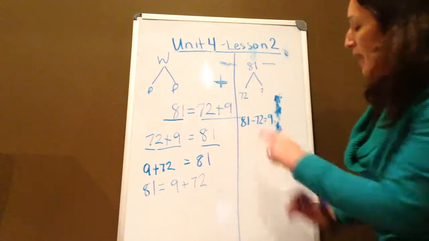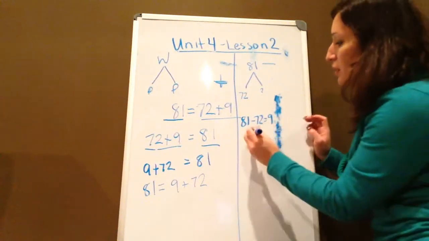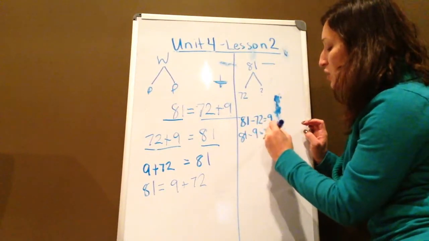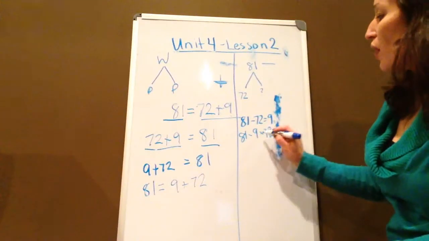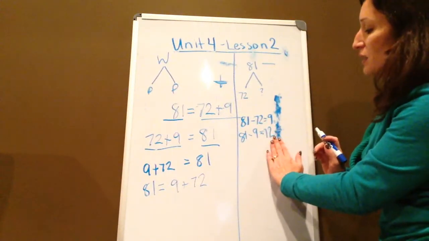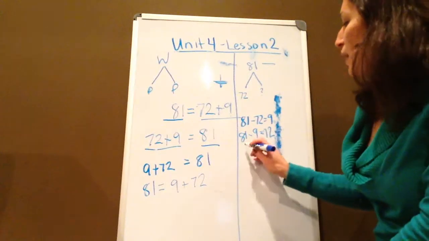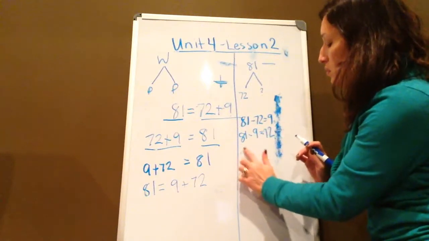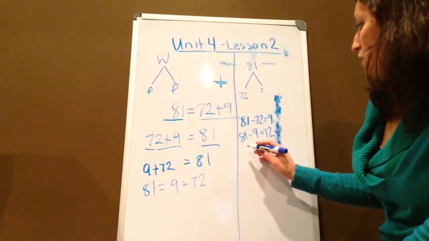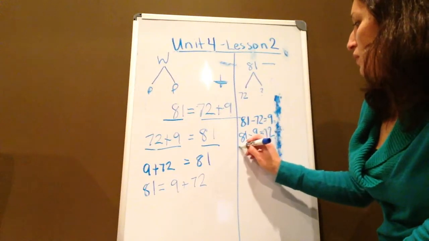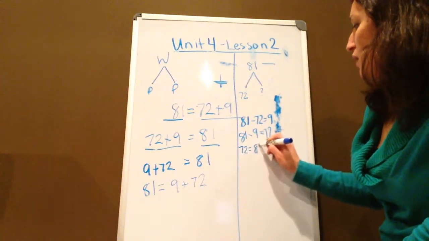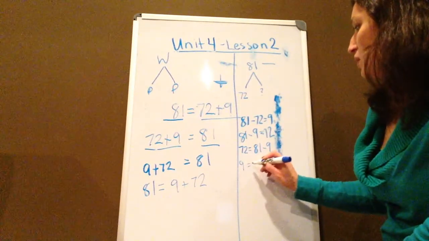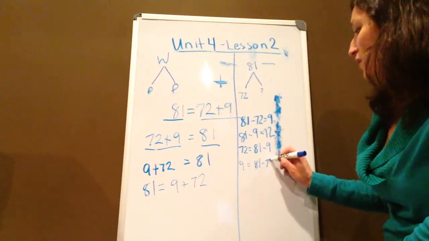I can write that a new way. I can switch the parts around. 81 take away 9 equals 72. That's the same thing. Or I can flip them around that equal sign so that this side is over here. So I could have 72 is equal to 81 take away 9, or 9 is equal to 81 take away 72.